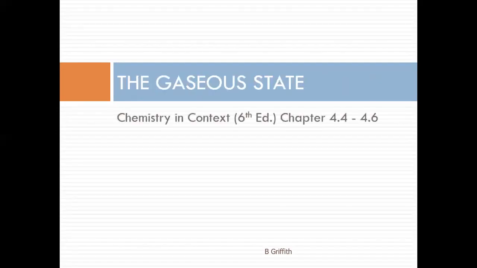So we're going to focus today on the gaseous state, and that is your reference to Chemistry in Context, chapter 4.4 to 4.6. 4.6 actually looks at, I believe, the methods of determining molecular mass or molecular weight for volatile compounds and liquids. It is not stated explicitly in your syllabus.